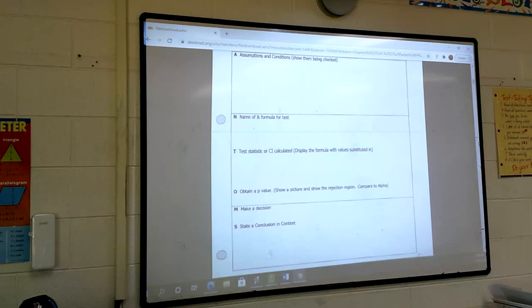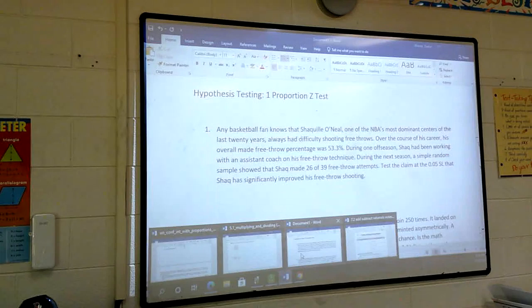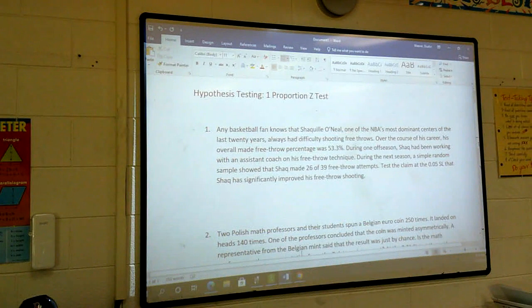So we'll take the first problem. It says, any basketball fan knows that Shaquille O'Neal, one of the NBA's most dominant centers of the last 20 years, always had difficulty shooting free throws. Over the course of his career, his overall free throw percentage was 53.3%.